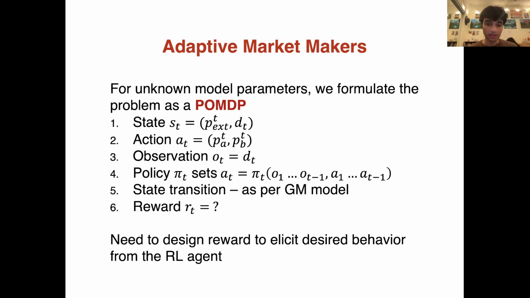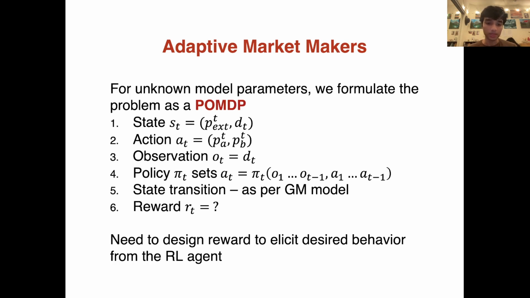The observation is the part of the state that the agent can perceive, which is just the trader action. And the policy sets the action, basically the ask and bid prices, according to the history of observations and history of actions.